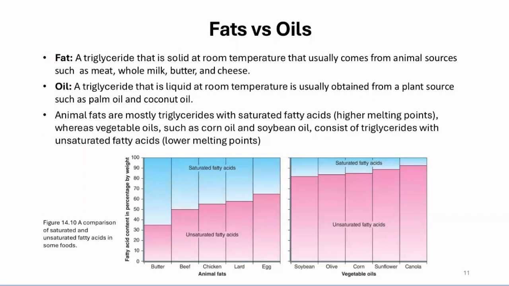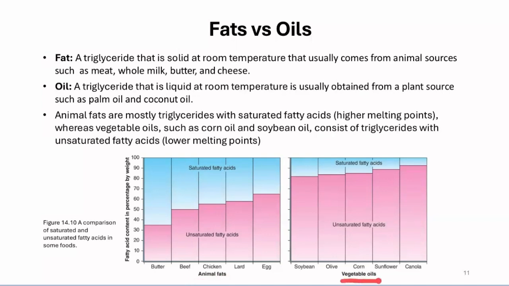When it comes to the composition of fats and oils, looking specifically at figure 14.10, we can see a comparison of saturated and unsaturated fatty acids that are present in some foods. In these bar graphs, we have animal fats on the left, and vegetable oils on the right.